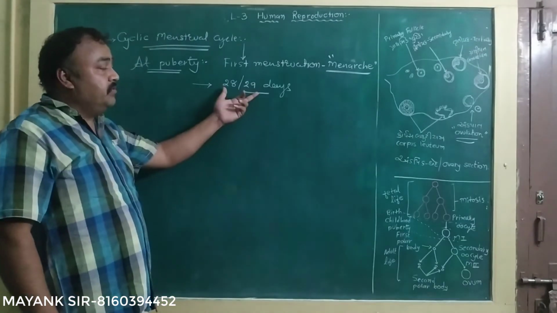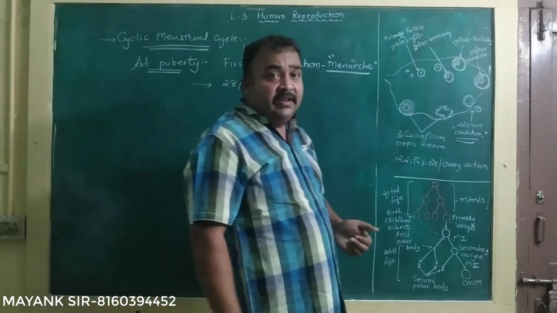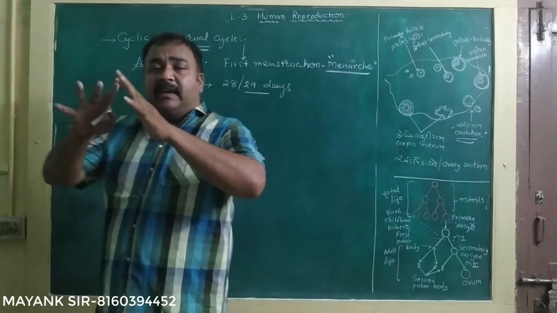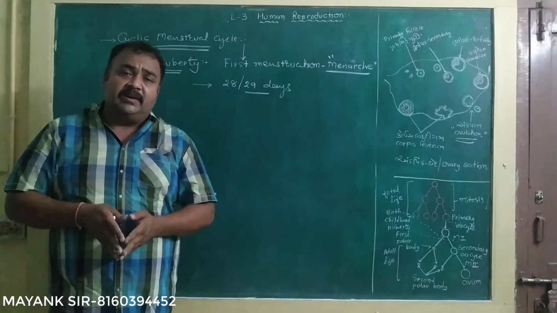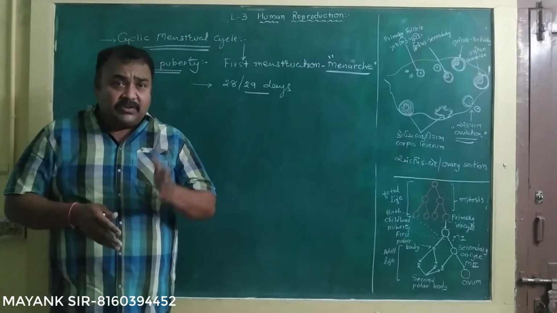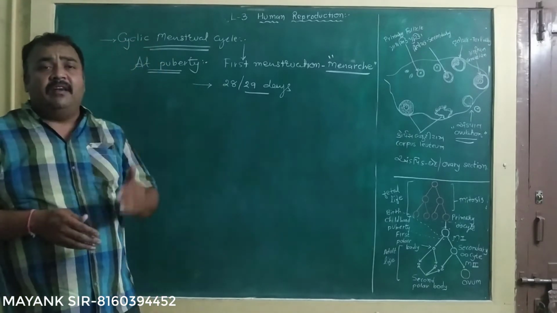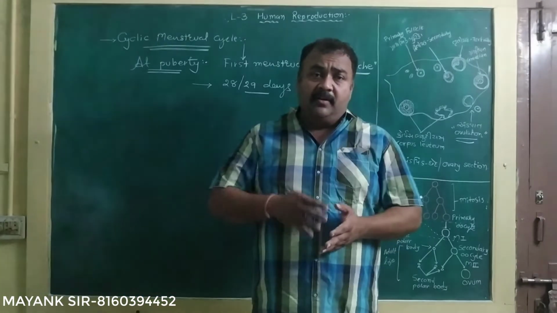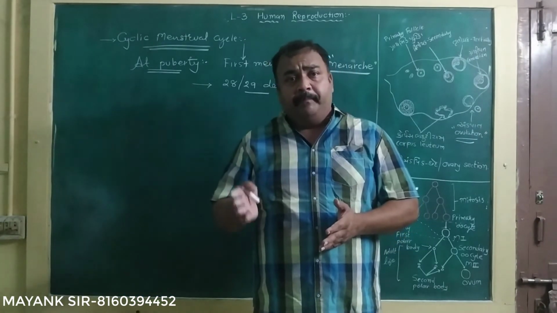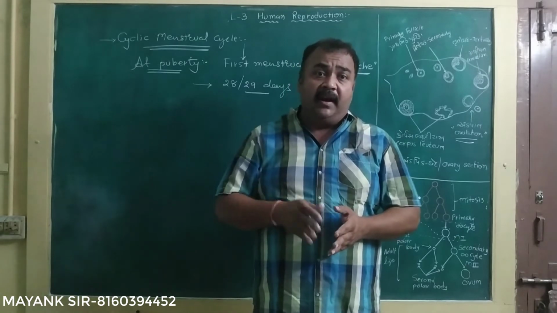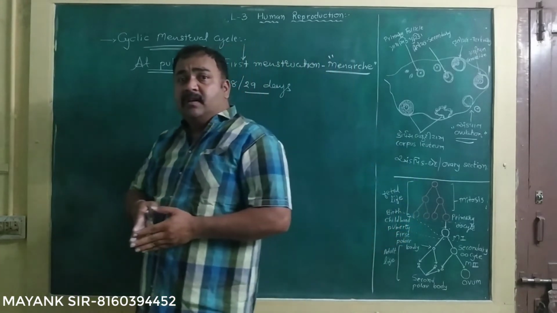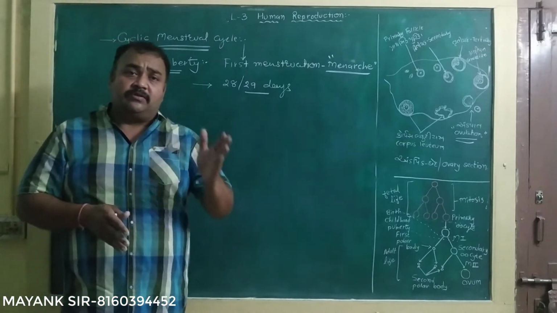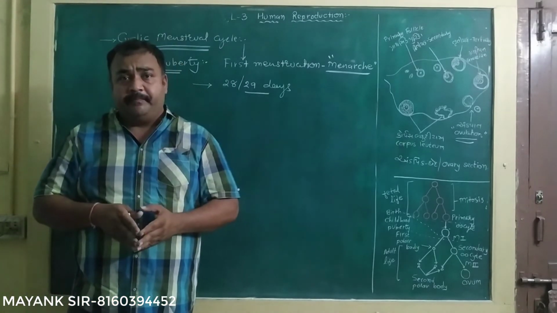And during these 28 to 29 days, there will be cyclic changes in the innermost layer of the uterus, called the endometrium, as well as in the level of secretions of the gonadotropins, follicle stimulating hormone and luteinizing hormone, and over and above that, the hormones of the ovaries, estrogen and progesterone.